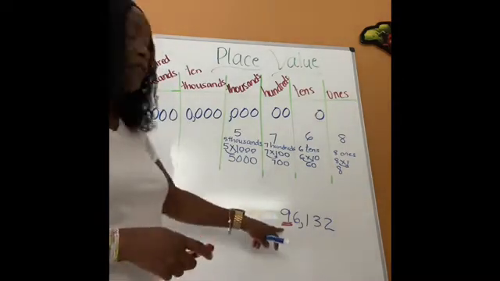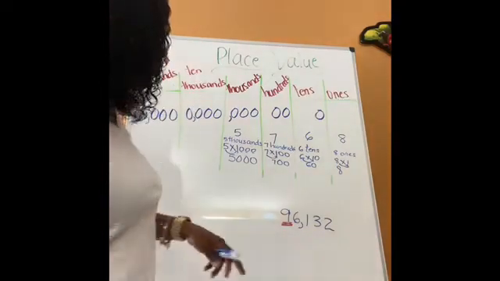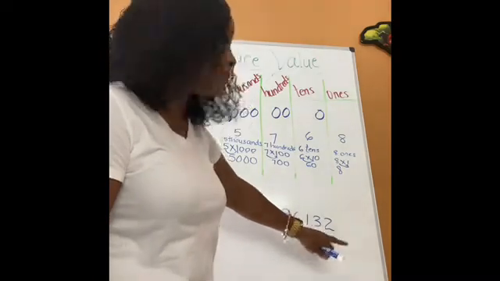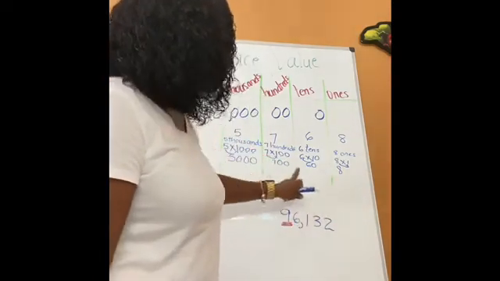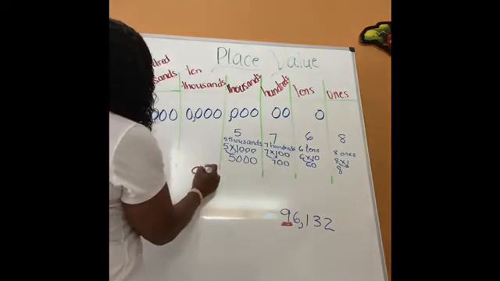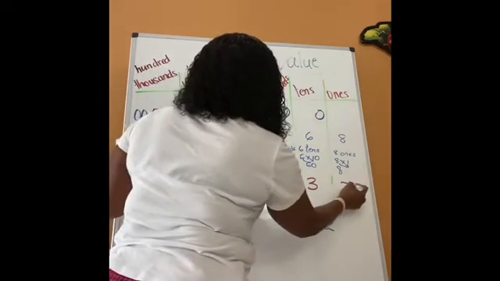See where the 9 falls, and that's your value. Okay, let's go. 1, 2, 3, 4, 5. 1, 2, 3, 4, 5. So 9, 6, 1, 3, 2.